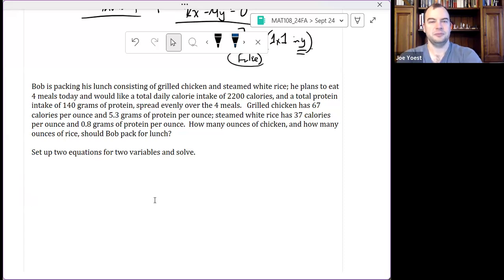And Bob looks up either on the back of his package or online. Grilled chicken has 67 calories per ounce and 5.3 grams of protein per ounce. Steamed white rice has 37 calories per ounce and 0.8 grams of protein per ounce. How many ounces of chicken and how many ounces of rice should Bob pack for lunch?